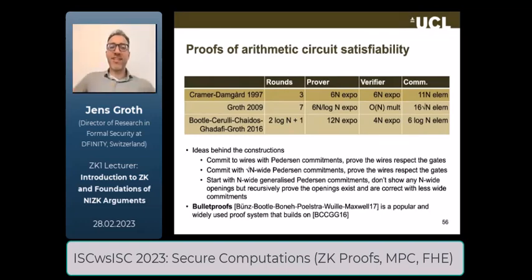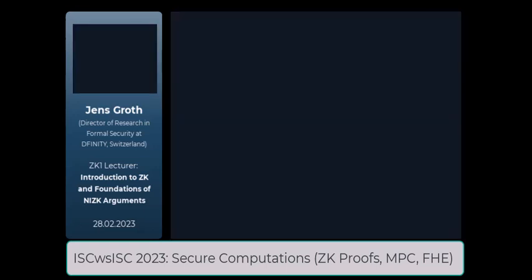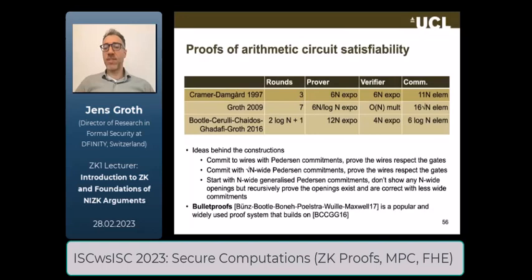Now you can actually generalize that and also prove arithmetic circuit satisfiability, right? So what I showed you first was essentially you can prove arithmetic circuit satisfiability with communication complexity of square root n.